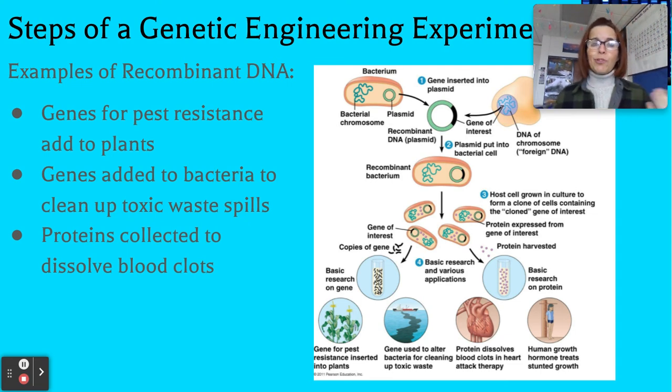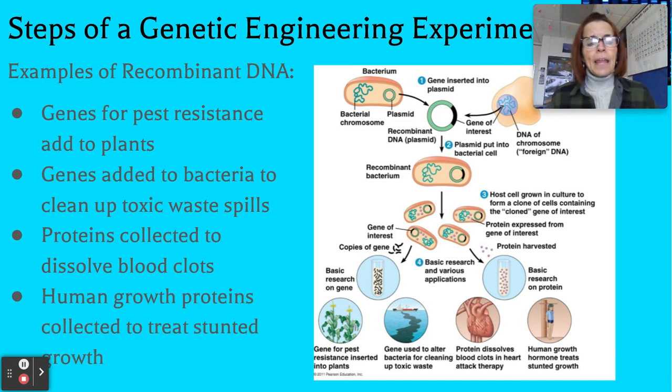We've used recombinant engineering to create proteins that dissolve blood clots for people. And as I mentioned earlier, we've even mass-produced human growth hormone that we can give to people whose growth is stunted for some reason, and help them to reach a more natural height than the stunted growth that they had.